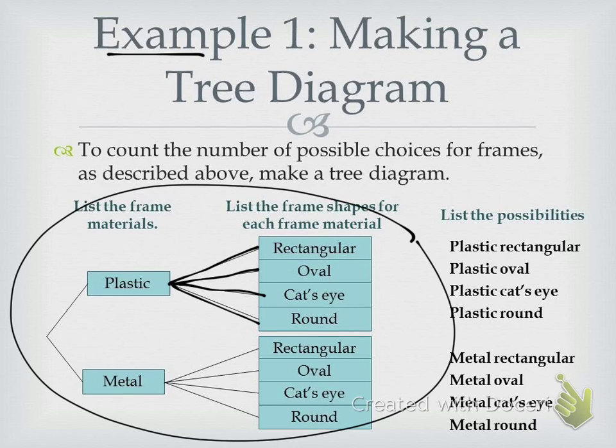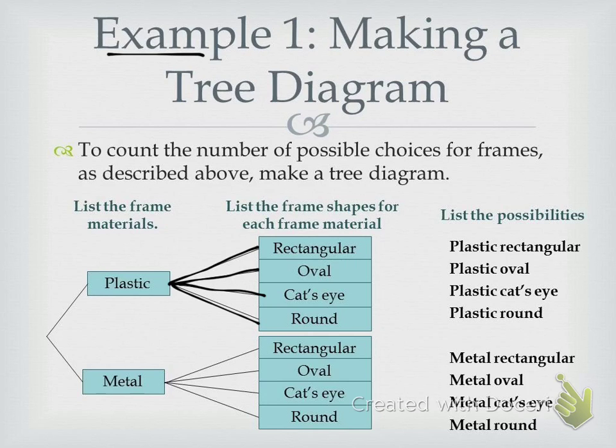This is the part that I want to see on your homework. Number 7 is a tree diagram, I know. And then you may not have another tree diagram. You may just have that one. You're welcome.